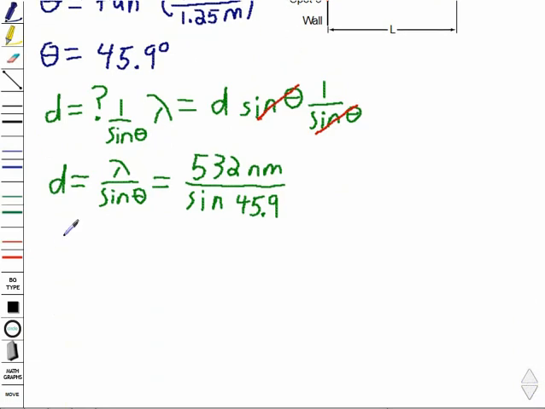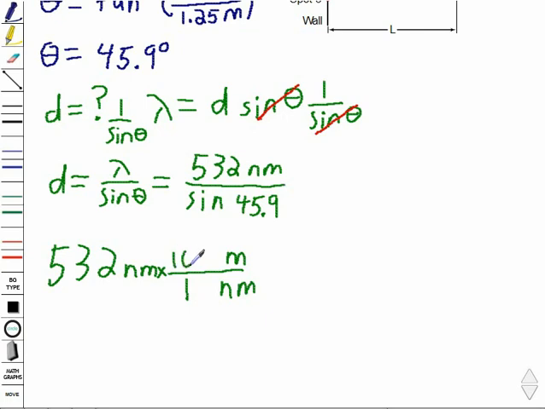So if I do that, 532 nanometers, I go back to the beginning of your book where it talks about dimensional analysis, and I want to get rid of nanometers, so I need to multiply by 1 nanometer is equal to 10 to the negative 9th meters.